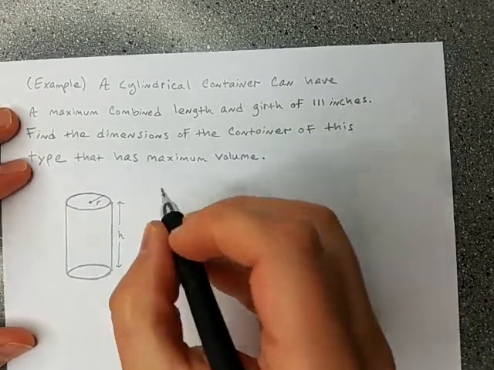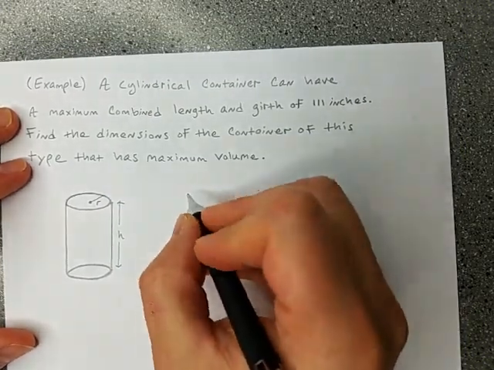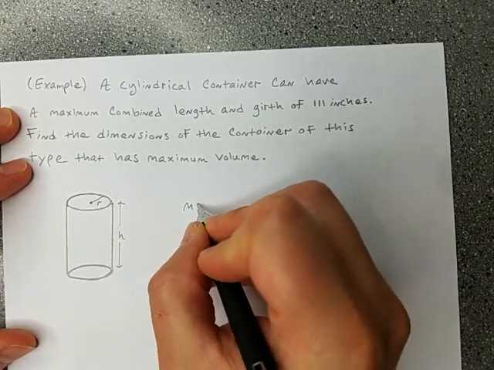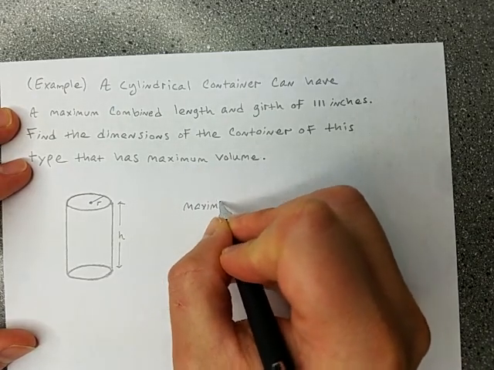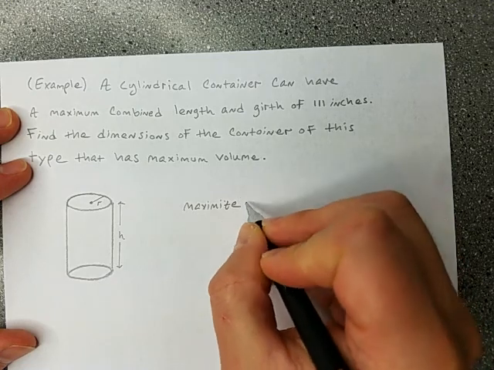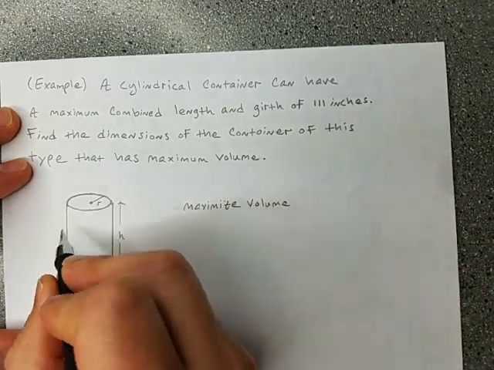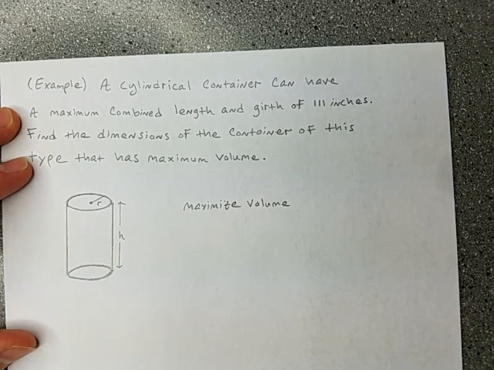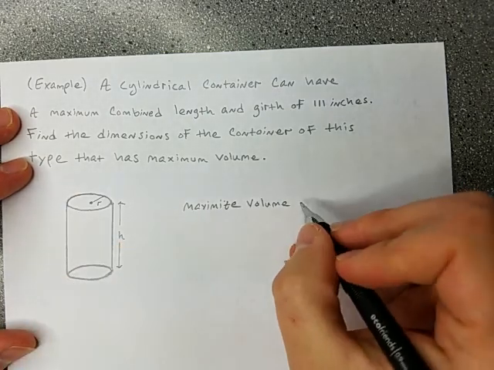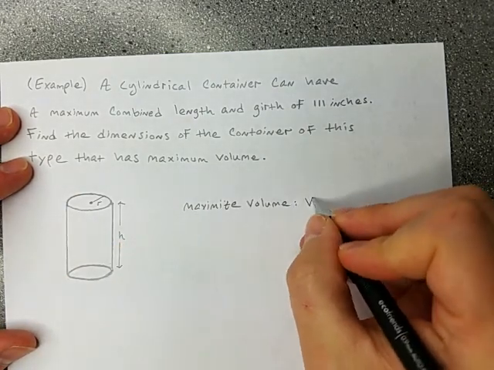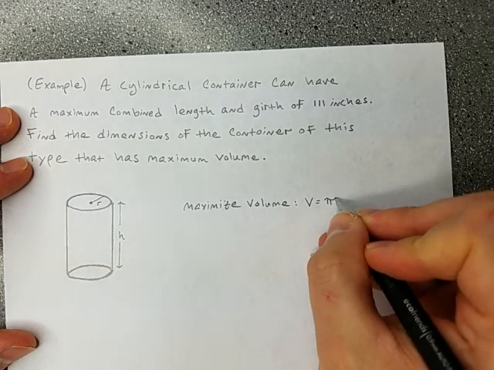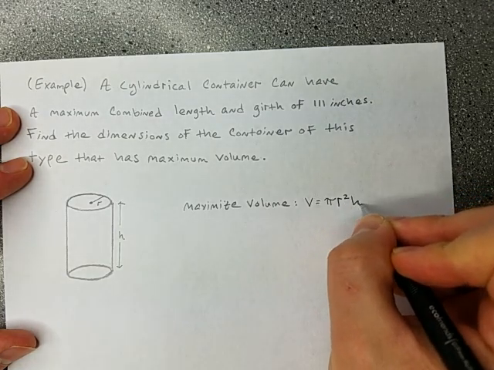So let me frame the problem like this. I want to maximize the volume of this container. The volume of a cylinder is V equals pi r squared h.